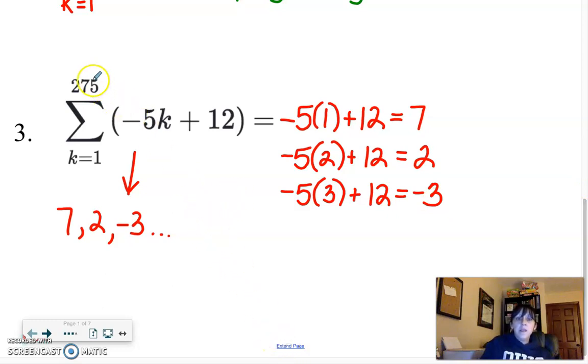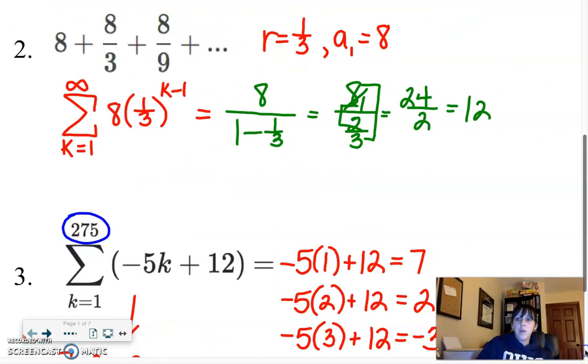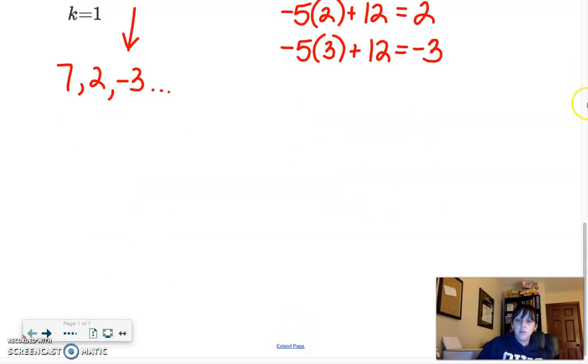Now, is this infinite or finite? It's finite, right? Because it stops at a number and not at infinity. So our formula is going to be this middle guy. Okay? I'm going to write it again down here so we've got it close by.